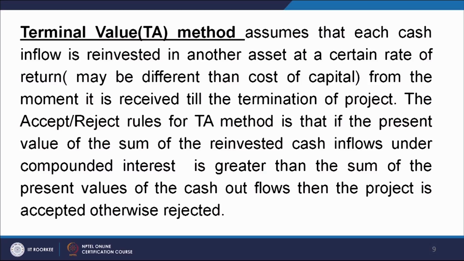The accept-reject rule for the TA method is that if the present value of the sum of the reinvested cash inflows under compounded interest is greater than the sum of the present value of the cash outflows, then the project is accepted, otherwise rejected.